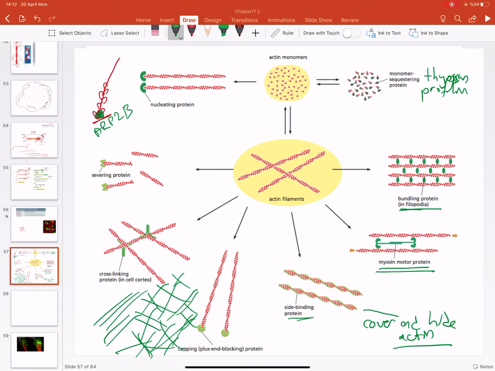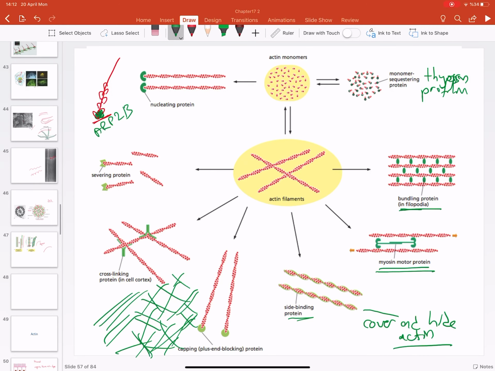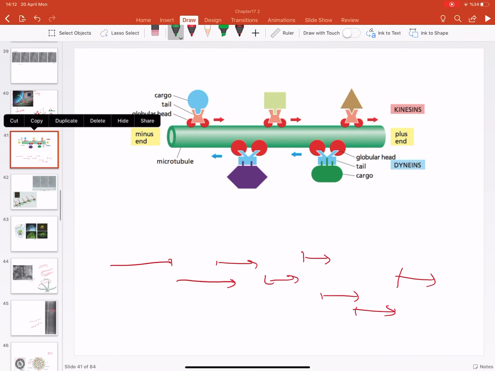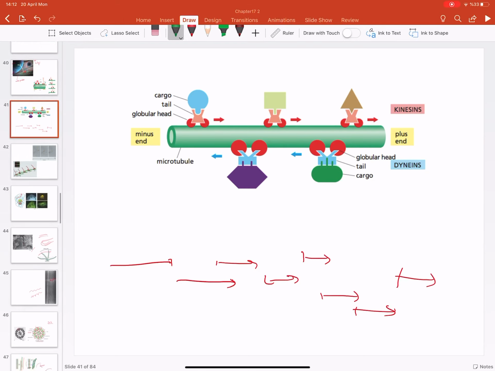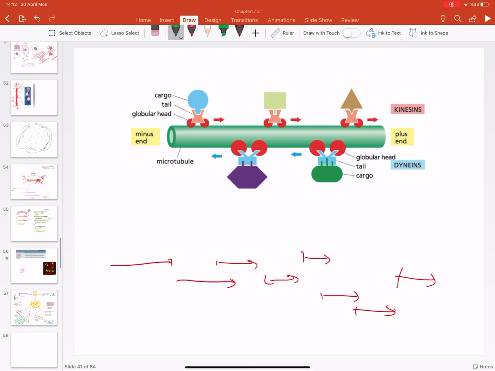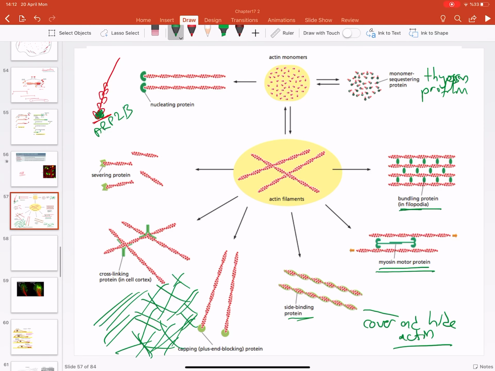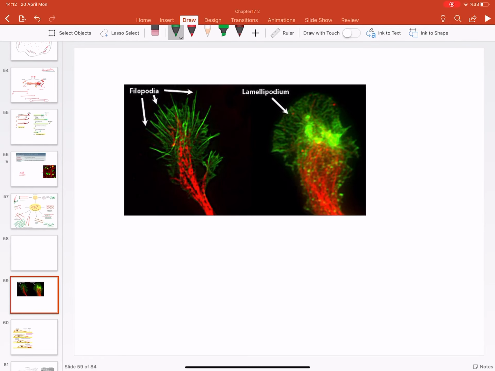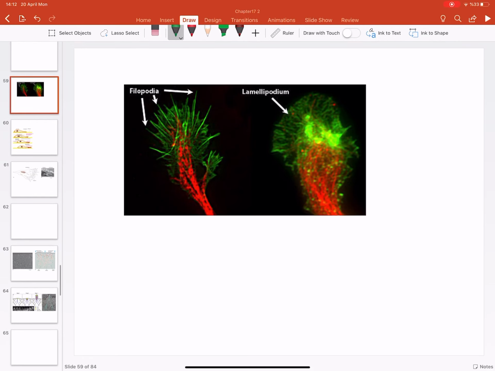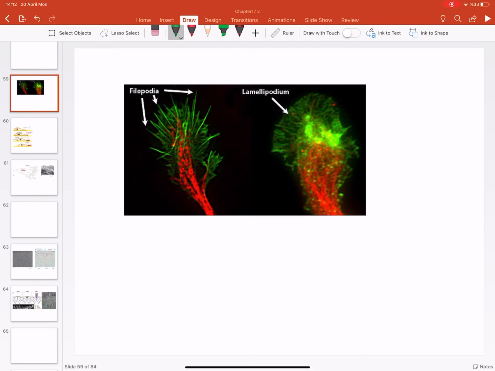The motor proteins can walk on actin, just like kinesin and dynein can walk on the microtubule. These motor proteins called myosin can walk on actin. Why? Actin is polar. Actin has a plus and minus direction. So whenever these motor proteins are walking, they can know which direction they are going.